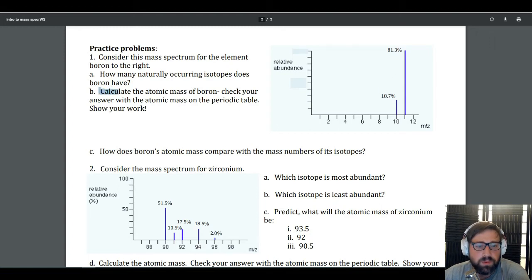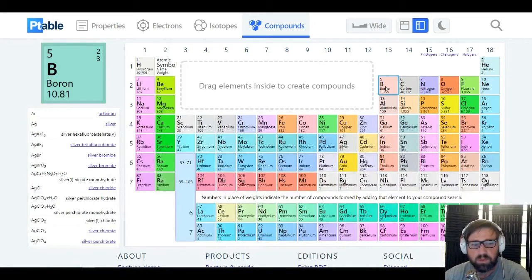So then go through, calculate the atomic mass of boron, check your answer with the atomic mass on the periodic table, show your work. So, again, if you want to do a shortcut, you can just look. So this is a 10, 11. Most of it is 11, so I would probably guess it to be somewhere around 11.8 if I looked on the periodic table for boron.